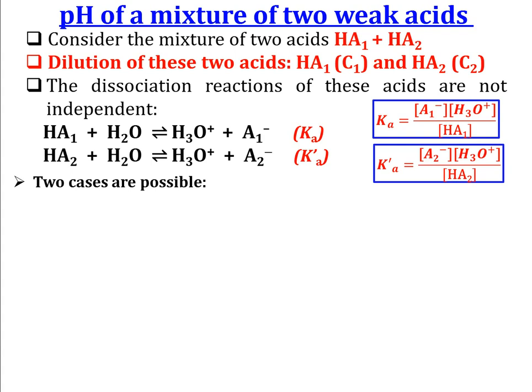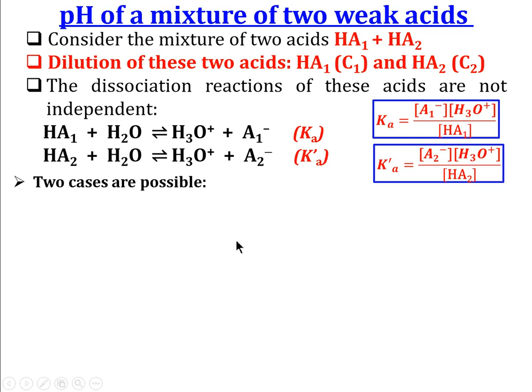To study the sequence of two reactions, we compare their K values, since we have the same stoichiometry. The dissociation of HA1 and HA2 in water have the same stoichiometry. So to compare the sequence of these two dissociations, we have to compare Ka and K'a.